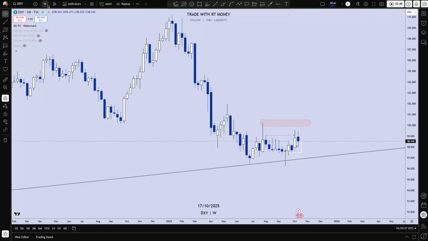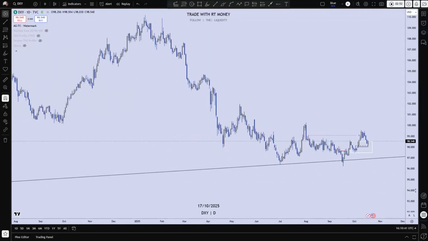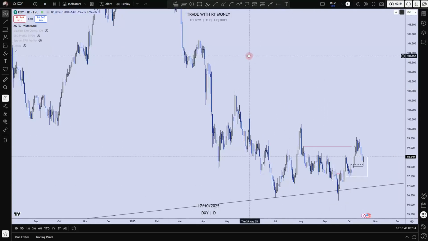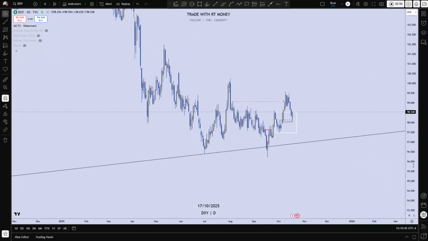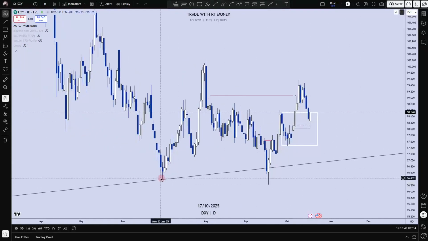Let's go to the daily. And what do we see? Let's get a little closer here. What I've marked out was when we originally hit this low, price pushed up, making a higher high, higher low. We took this high. I said, oh, we got a bullish internal break of market structure.